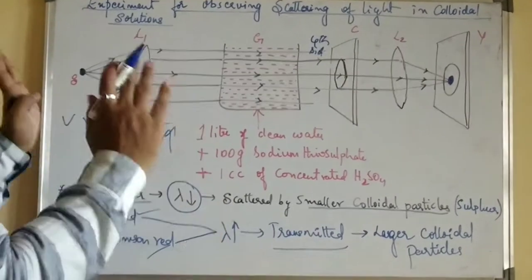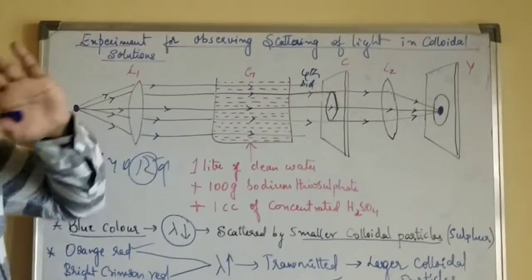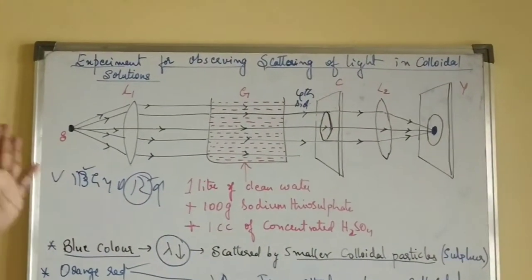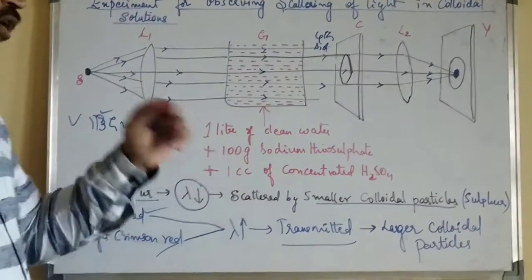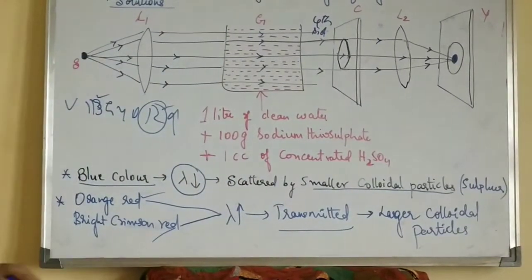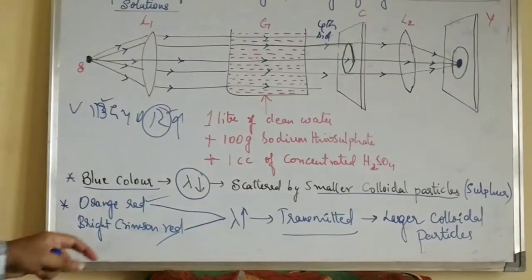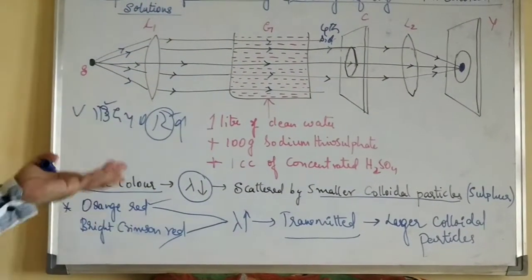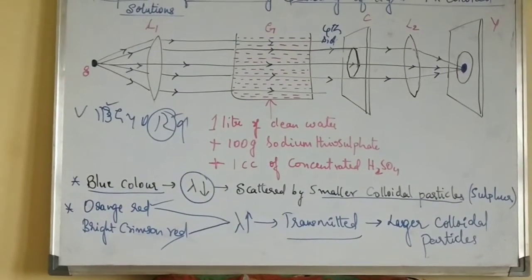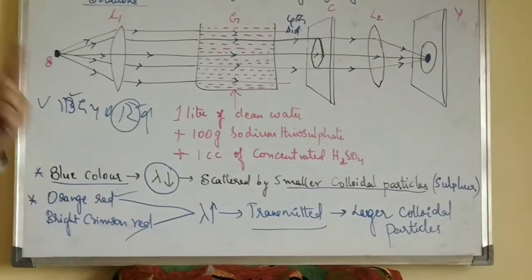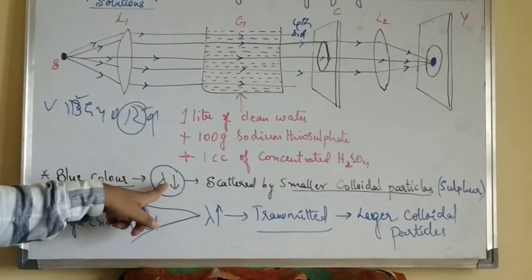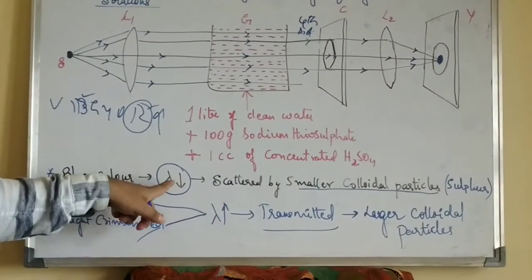So this experiment indicates that the scattering of light takes place in colloidal solutions by the colloidal particles, of relatively larger size as well as smaller size. Smaller colloidal particles could scatter the color having the lesser wavelength, that is blue.